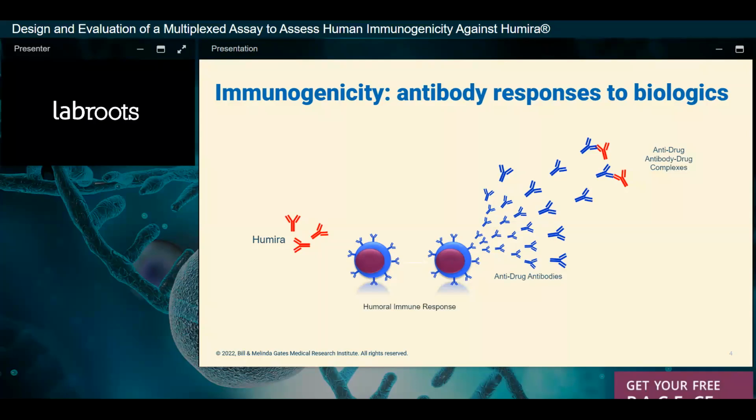Once you give that to a person, if you get a humoral immune response, you get antibodies that bind to this drug and form complexes, which are referred to as anti-drug antibody complexes. That's really going to be the focus of the talk, is when this happens.